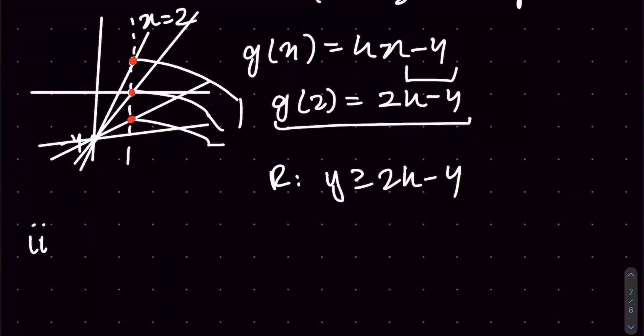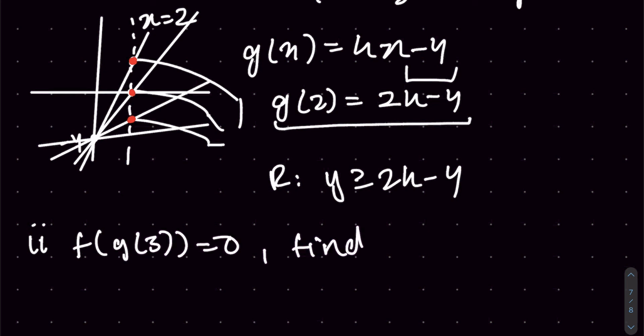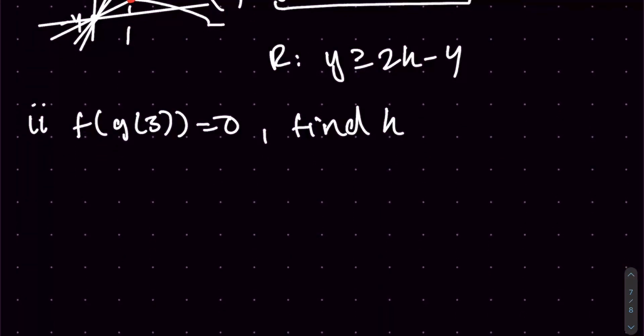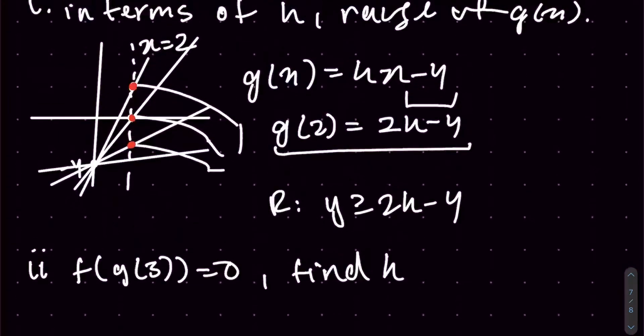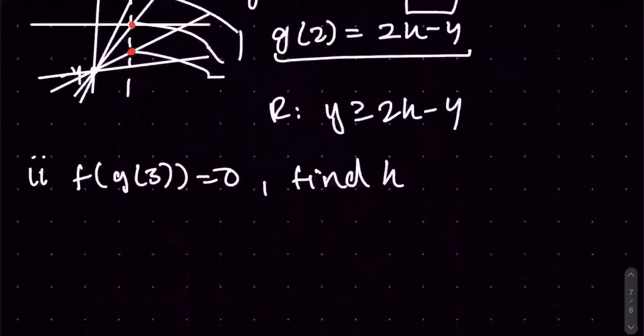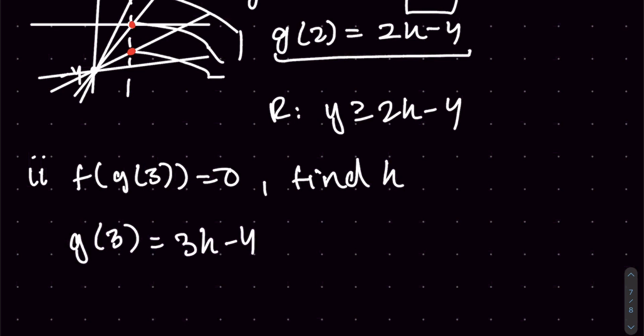Continuing to part II, it states if f of g of 3 equals 0, find k. Now finding k from here, we look at our two functions, which being f of g of 3, we know that is 3k minus 4, and plugging this into our x values in f of x.